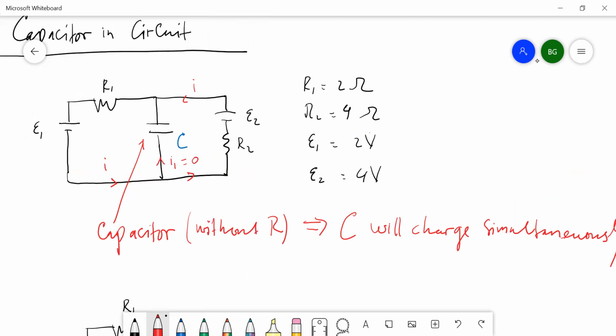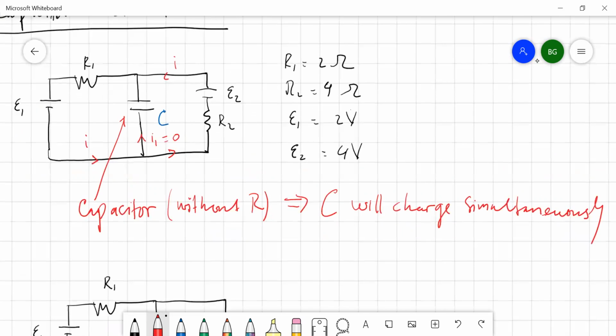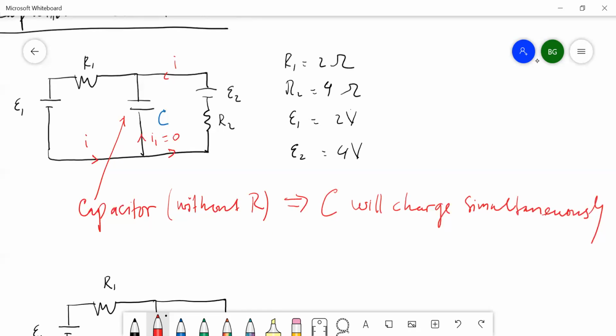Is E1 equal to 0? Because the capacitor is already fully charged, there is no current crossing the capacitor. Let's say these are the points A, B, C, D, E.